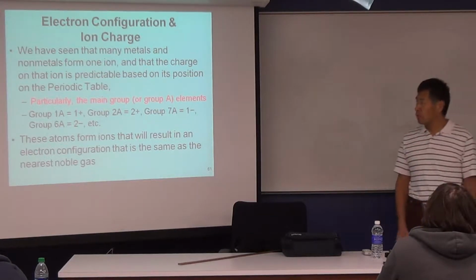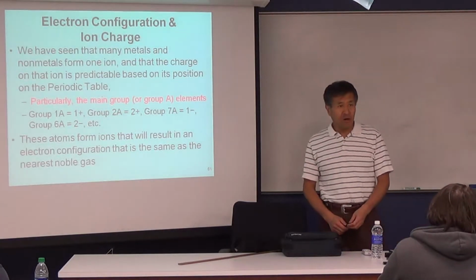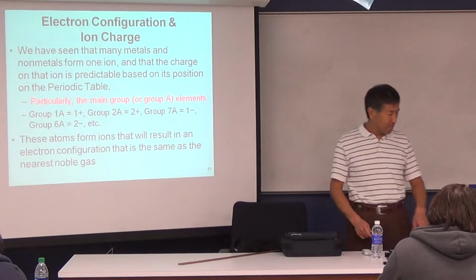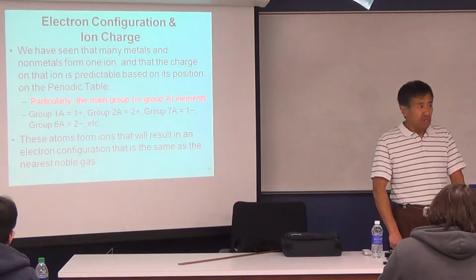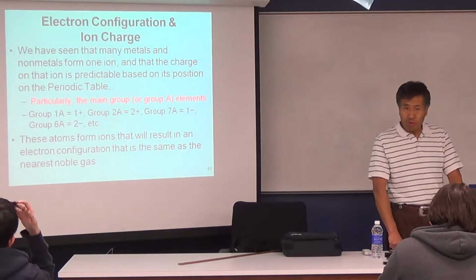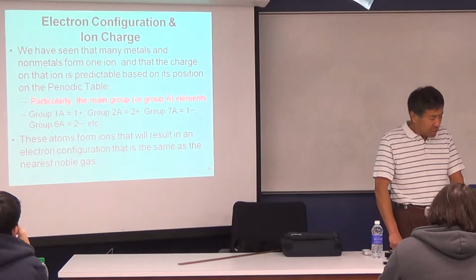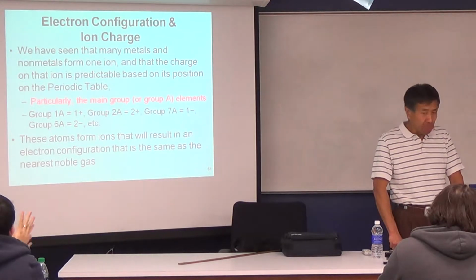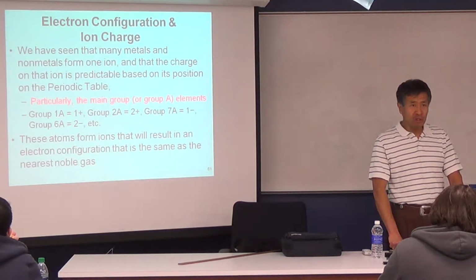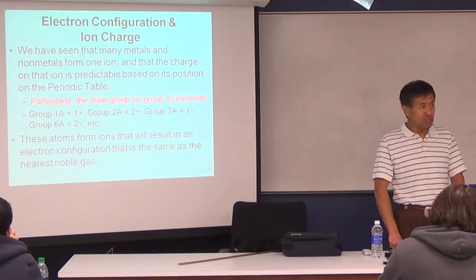For example, group 1A, those alkali metals, will produce 1 plus ions, cations, and group 2A will produce 2 plus cations. Group 7A on the other side of the periodic table will become non-metals, and they usually will not lose the electron that easily.